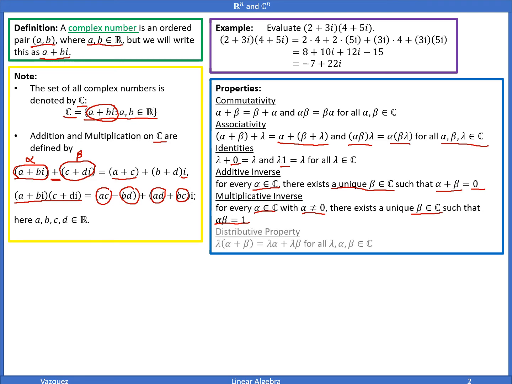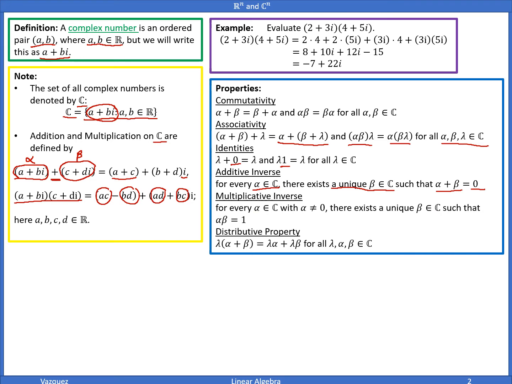And the last property is the distributive property. Again, you should have maybe seen this in high school, but maybe not defined formally. Here, again, there's a proof for this distributive property for these complex numbers lambda, alpha, and beta. And to not leave you in the dark completely, we're going to go ahead and prove one of these.